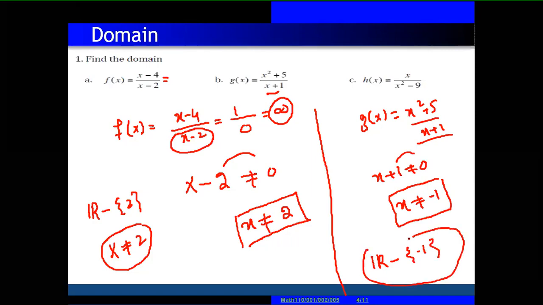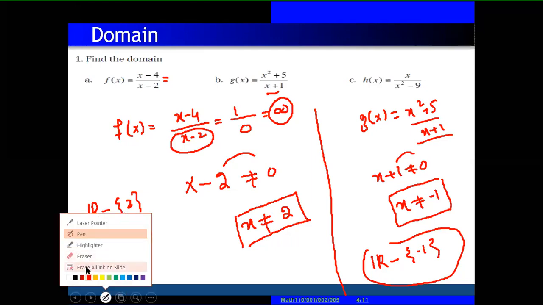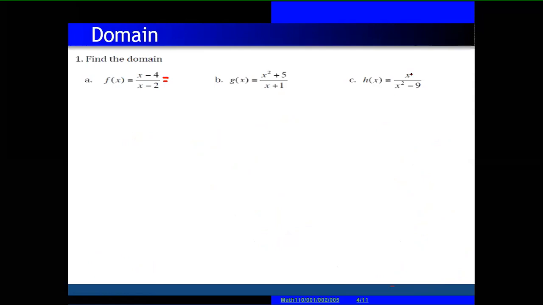All values possible. What about the third one? Who will tell me about the third one? All real numbers except -3 and 3. Yes, excellent. All real values, but +3 and -3 are not possible because we have x divided by x square minus 9. So put x square minus 9 must not equal to 0. If you transfer 9 to the other side, x square not equal to 9.